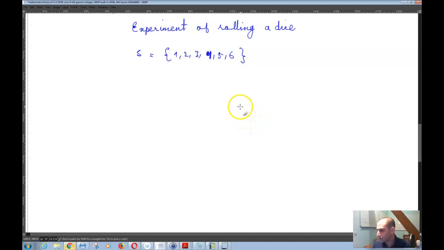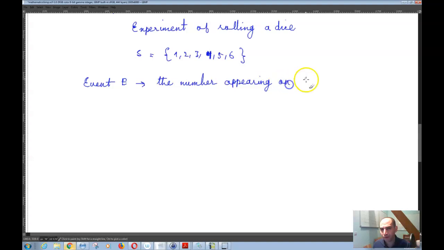So let E be the event: the number appearing on the dice is a multiple of 7.